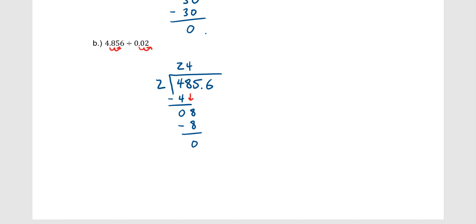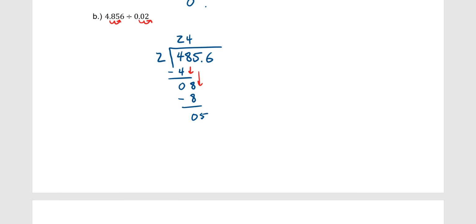Bring down the 5. 2 goes into 5 twice. Put the decimal point up there, bring it straight up. 2 times 2 is 4. Subtract, we get 1. Bring down the 6. 2 goes into 16 8 times. 2 times 8 is a nice even 16. Remainder of 0, so we're done. So this final answer is 242.8.